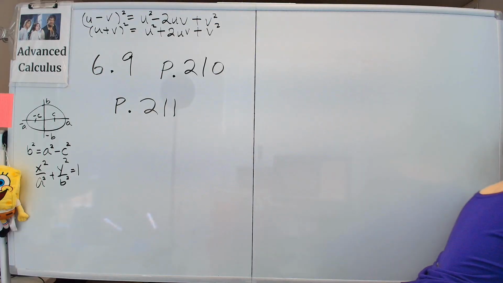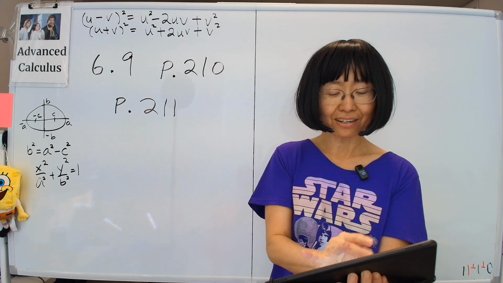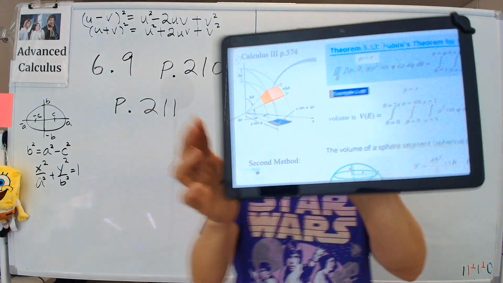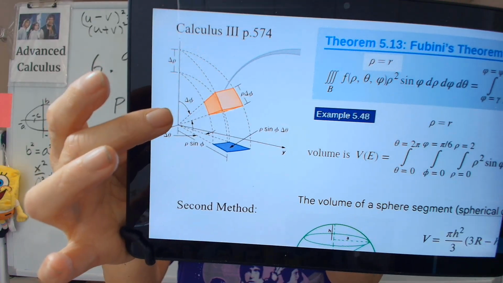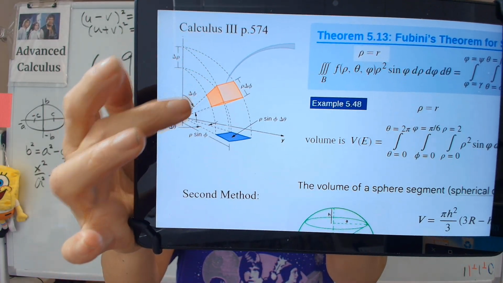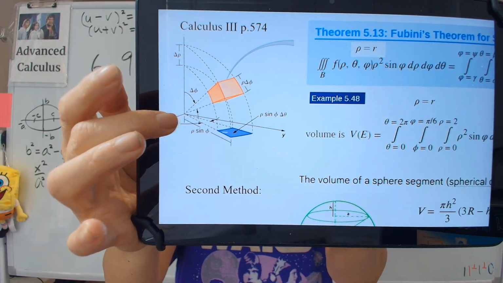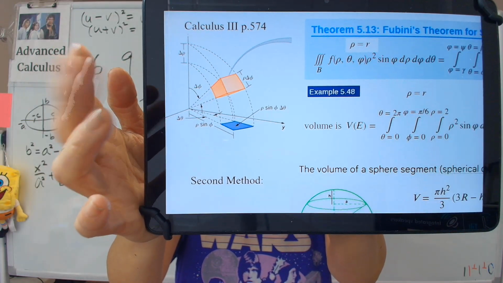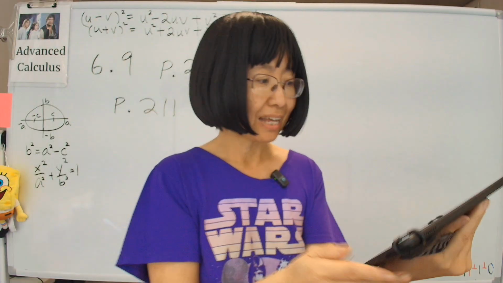There's a picture of this exact object in calculus 3, which I will show you right here. See, remember this thing? Theta changes by delta theta, phi changes by delta phi, and rho, which is r, changes by delta rho, etcetera.